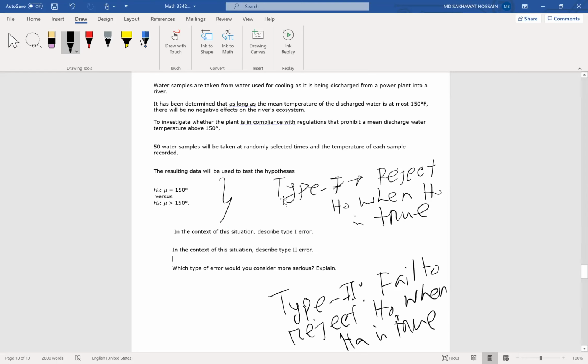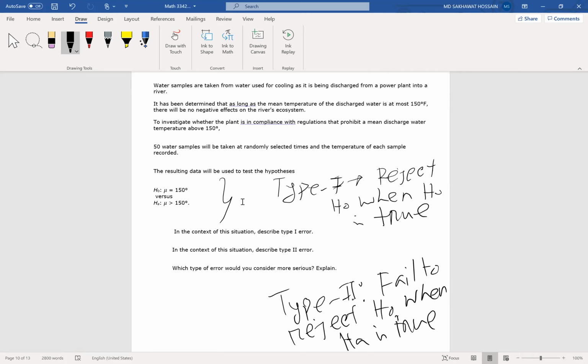Okay, so when will a type 1 error occur in the context of the situation? If we decide that the mean temperature is above 150, or the plant is not in compliance, when they actually are.